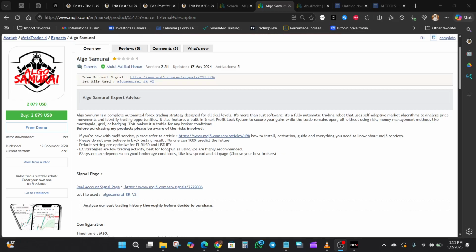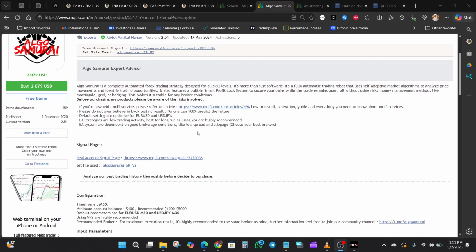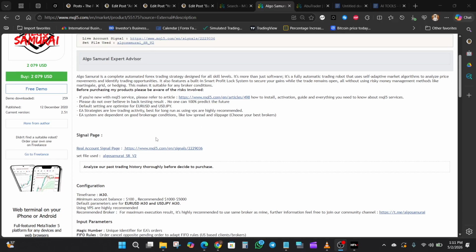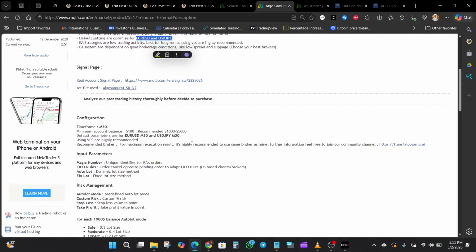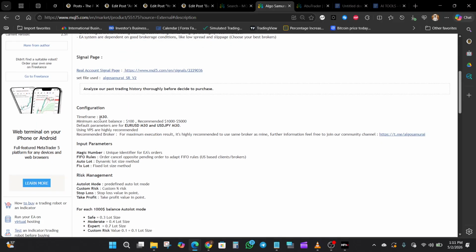And from the description and configuration, we can see that it is optimized mainly for the EURUSD and USDJPY, and then we can also see that it is optimized for the M30 time frame and is designed for relatively low trading frequency.